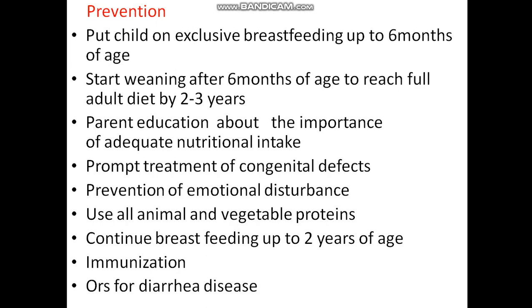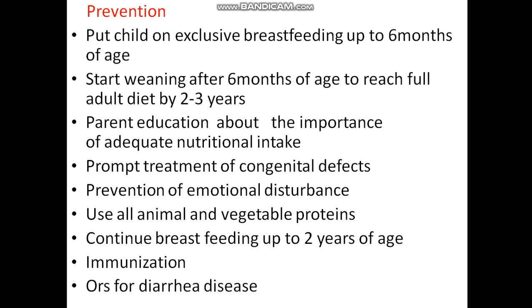Next is the prevention. What are the preventions of kwashiorkor? Put the child on exclusive breastfeeding up to 6 months of age. Start weaning after 6 months of age to reach a full adult diet containing protein by 2 to 3 years. Parent education about the importance of adequate nutritional intake containing all the nutrients, protein and carbohydrate.